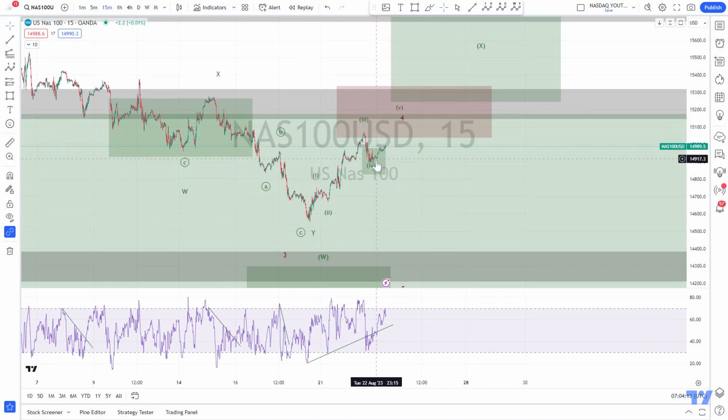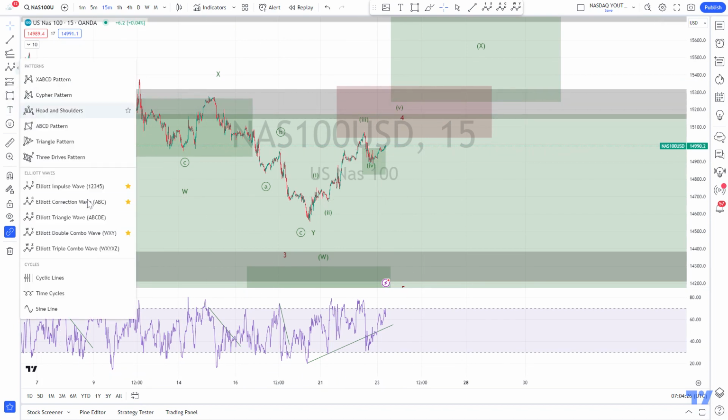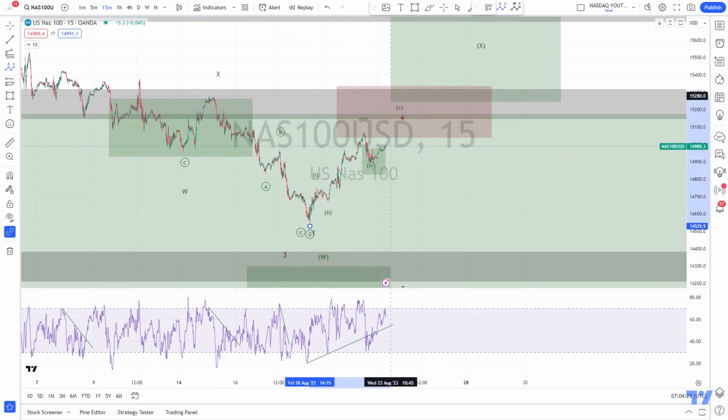We have a reaction here from the area where our wave 4 should end, I was counting on a wave 5 to the upside, and then we would have something like this: A, B, C as a wave X. But now I start to doubt, because it looks like if we take out this high, this will not be with divergence, so it cannot be 5 waves.